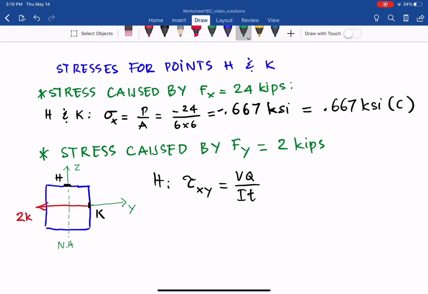Q about the neutral axis equals y bar times A prime. So tau equals negative 2 times Q, where y bar in this case is from the neutral axis to the centroid of the outward area, and the whole thing here is 6 inches. So that equals 1.5.